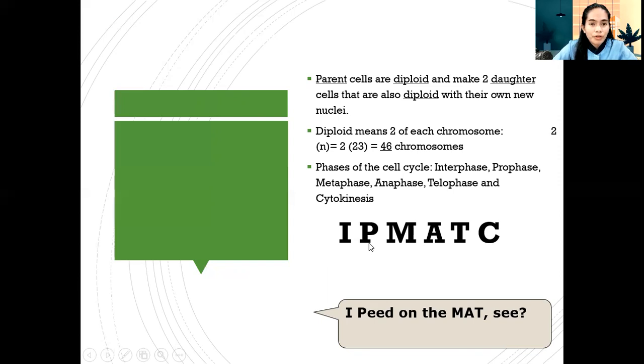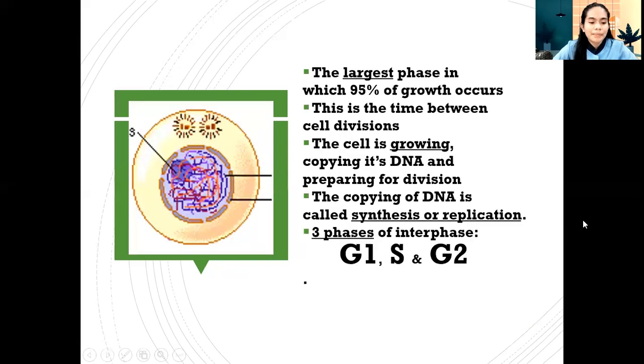P means prophase, the first stage in mitosis. We also have meiosis. Then metaphase, and then we also have your anaphase and then your telophase. And the last one is your cytokinesis.